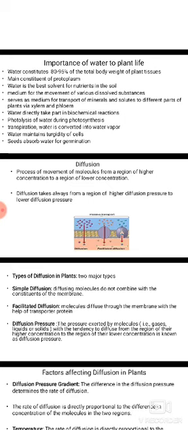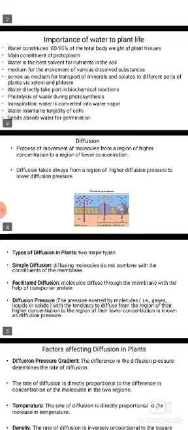Coming to the different processes, the first one is diffusion. Diffusion is a process of movement of molecules from a region of higher concentration to a region of low concentration. Diffusion takes place from a region of higher diffusion pressure to a lower diffusion pressure.